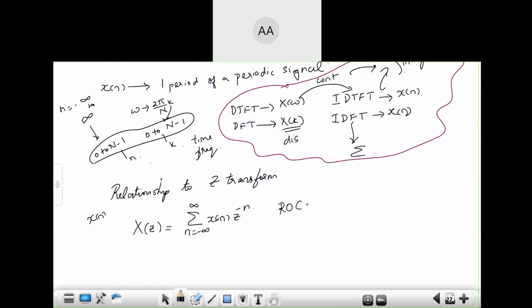ROC means region of convergence, that includes the unit circle. So your region of convergence should include this unit circle also. Real and imaginary. This is how it is.